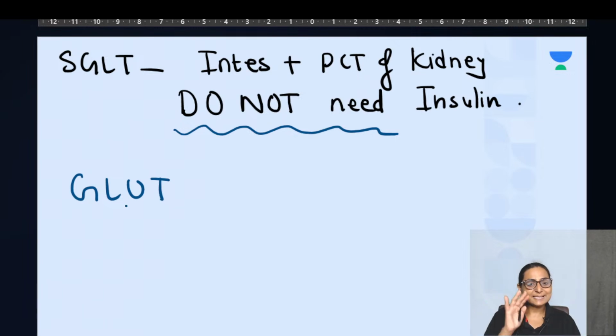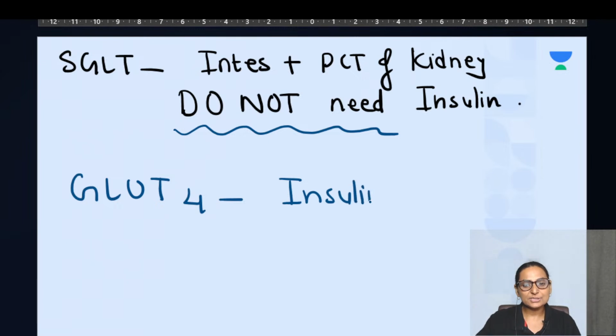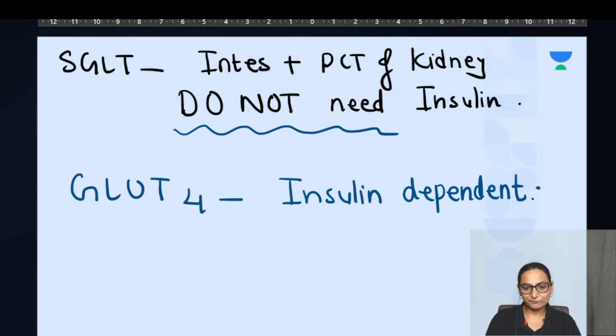And there are GLUTs. There are about 7 different types of GLUTs: 1, 2, 3, 4, 5, 6, 7. It is only GLUT4 that is insulin dependent. Very good, Monica.